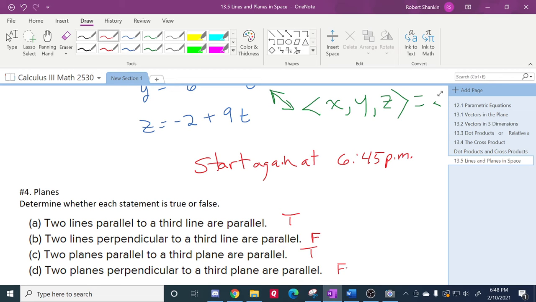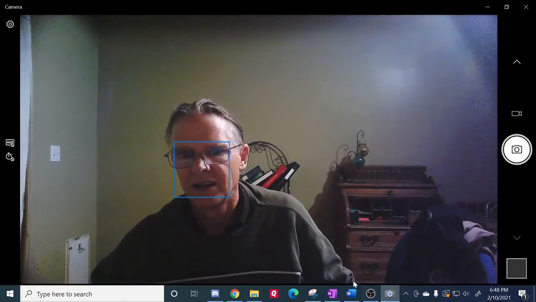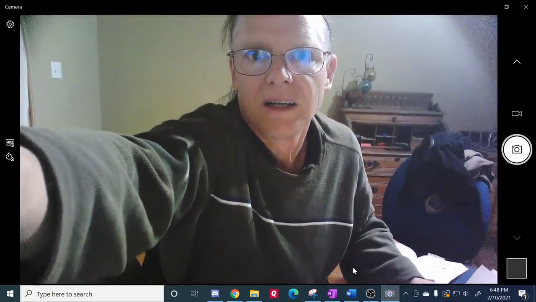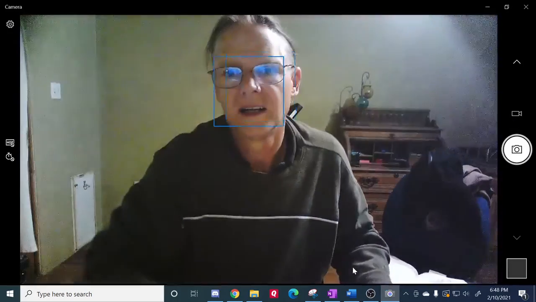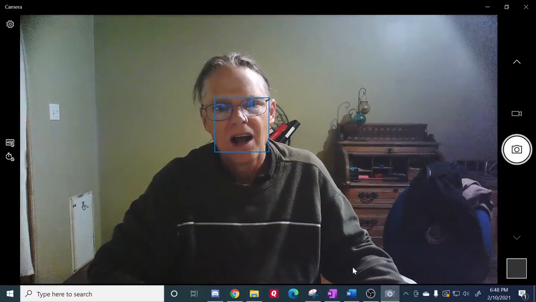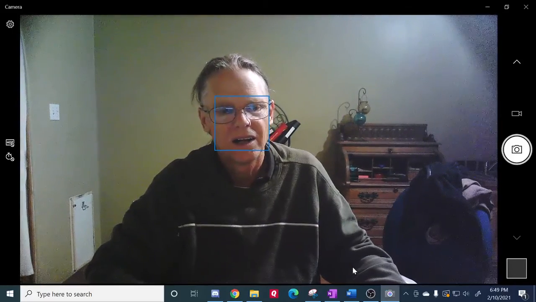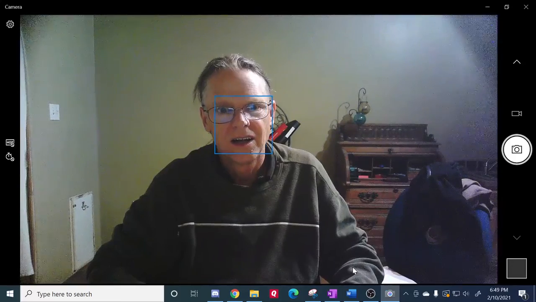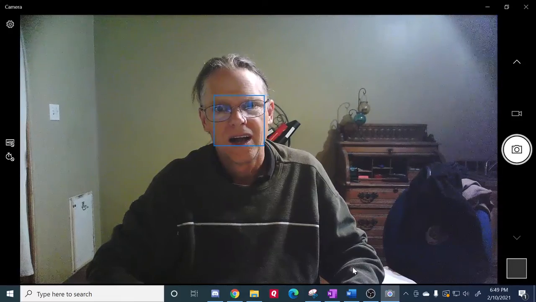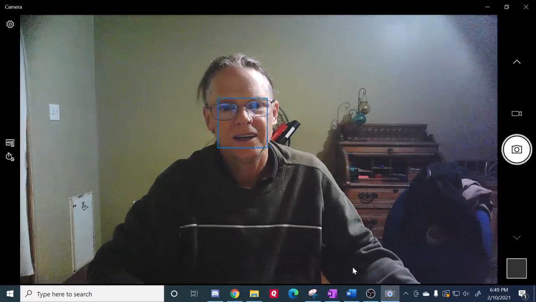If you're looking at the XYZ plane, the XZ plane is going to be perpendicular to the XY plane. And then the plane that we drew for exercise 1 is perpendicular to the XZ plane as well, but it is not parallel to the XY.